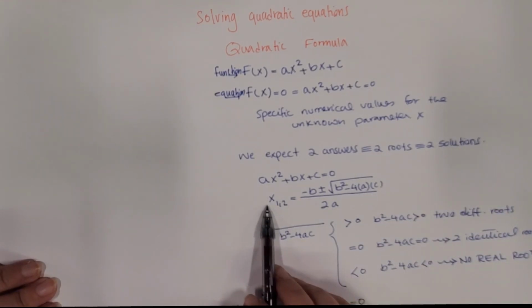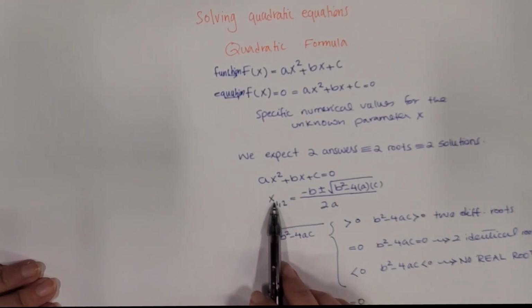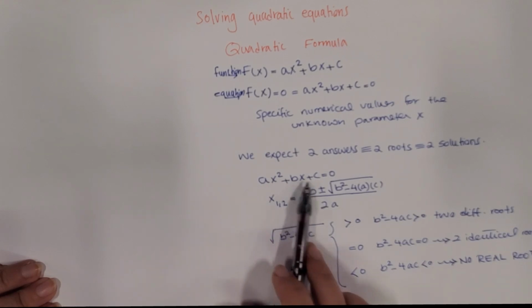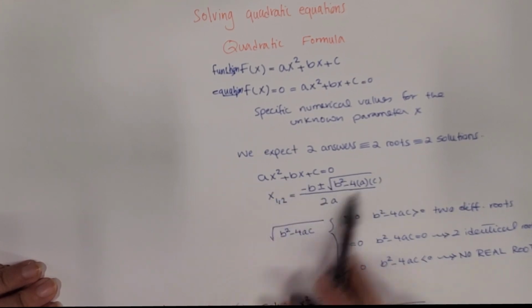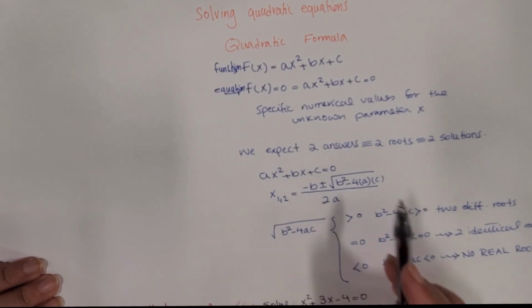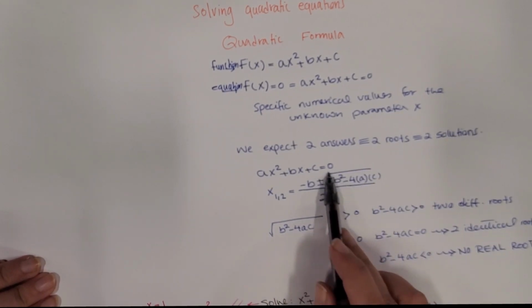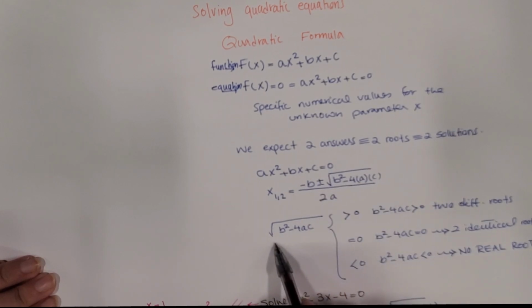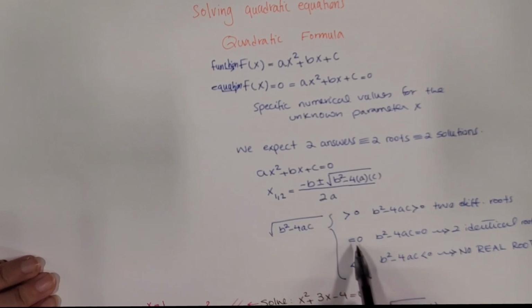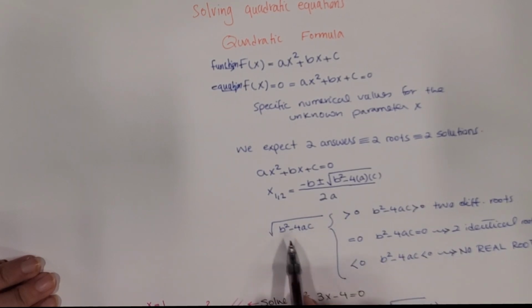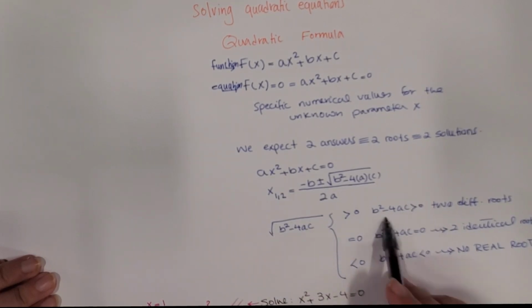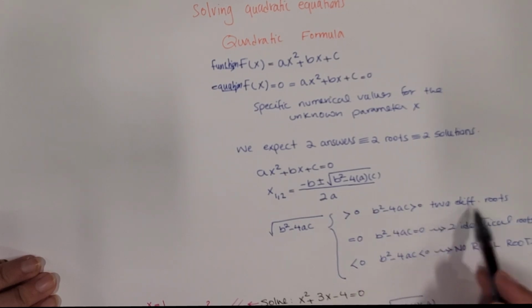And how can we find it? We can just identify A, B, C and substitute it in the formula. If you look at the formula more closely, you would see that the formula has got a radical. As we know, the radical should always be either positive or equal to 0. If the radical is positive, that means there would be 2 different roots.